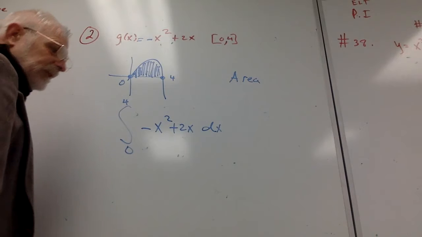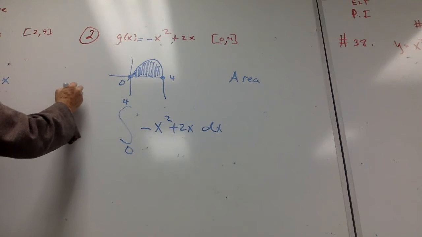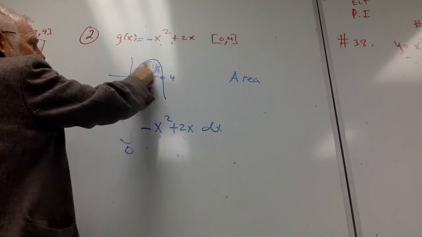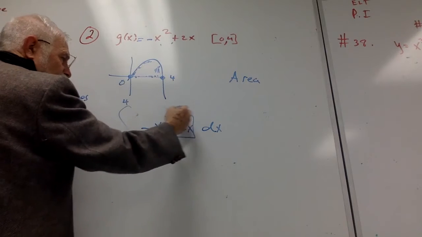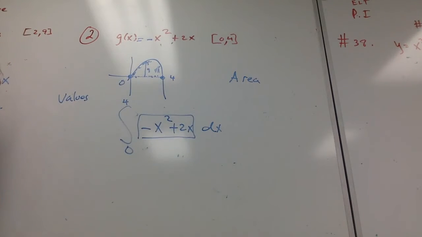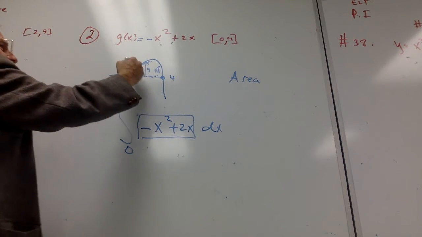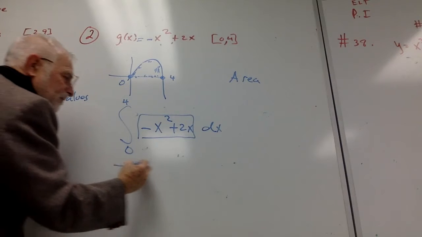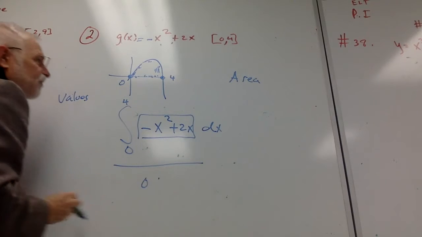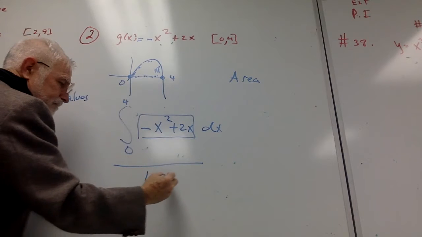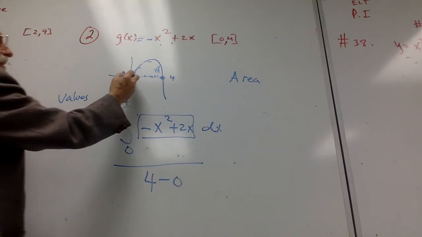Now, if you've been listening carefully when I say values, you're actually finding values when I do this part of the calculation, it gives me a y altitude, a height. And so when I'm trying to find average value, I'm trying to find the average height. Okay, so now by dividing by 4 minus 0, I'm actually dividing by the width.